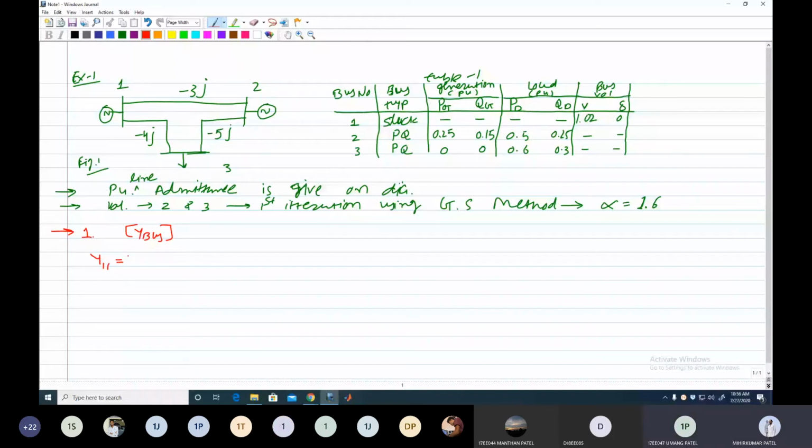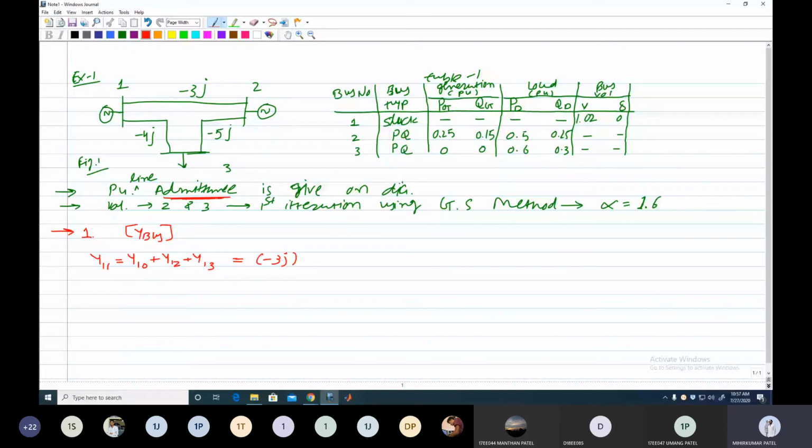Y10 is 0 as we have neglected the shunt admittance. Y12 is given as minus 3j, as it is already given in admittance form, so no need to convert it.